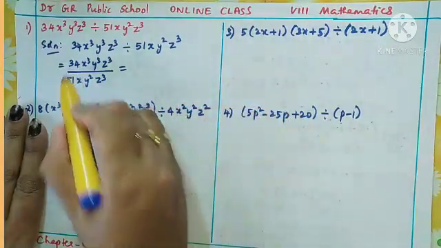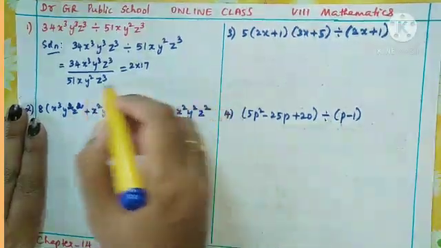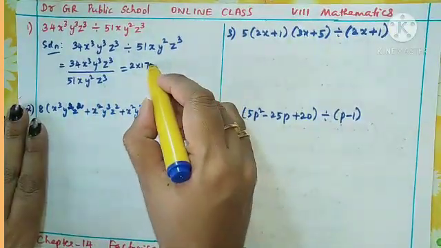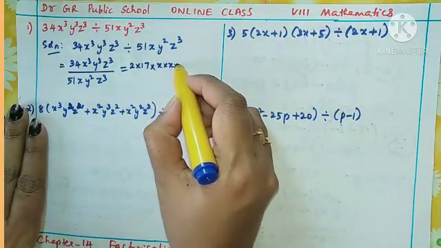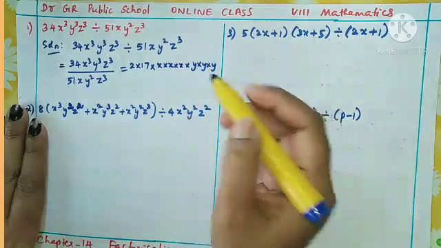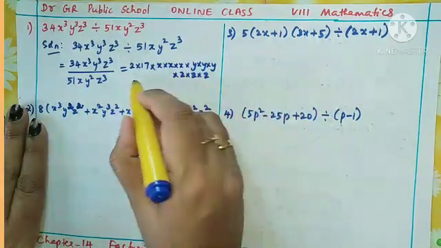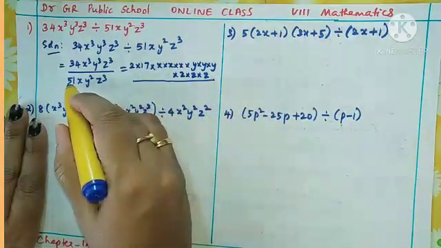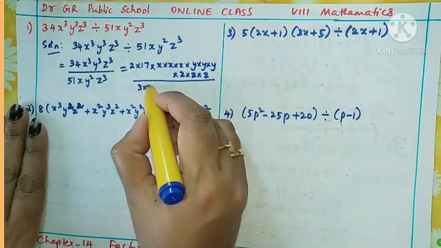So 34 you can write as 2 into 17, product of its prime factors, into x cube means x written 3 times, y cube means y written 3 times, and z cube means z 3 times, divided by 51. 51 you can write as 3 into 17.